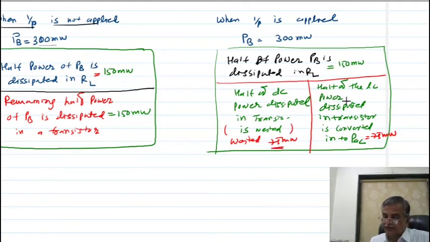And half of the DC power dissipated in the transistor is converted into AC power.